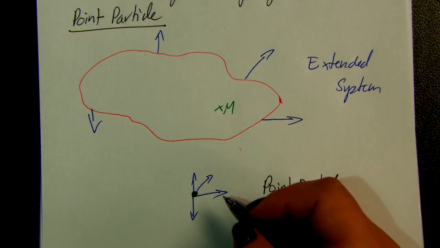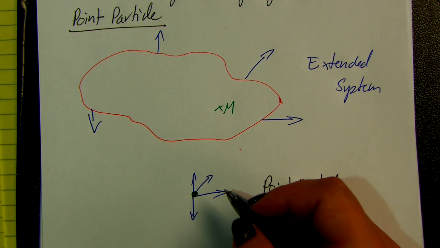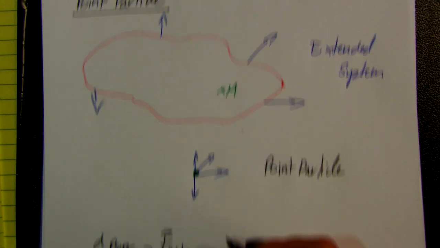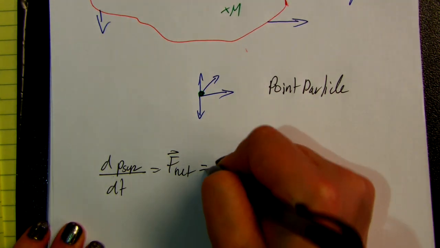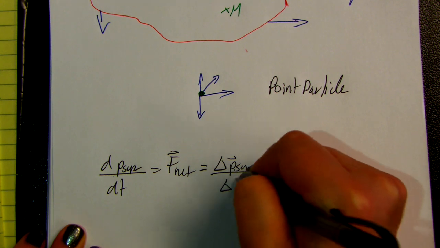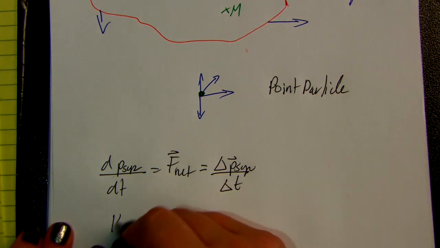So, going on with the point particle model, we know that the change in momentum of the system with respect to time is equal to F net. And of course, for those of you in the algebra class, this is just delta P system over change in time.